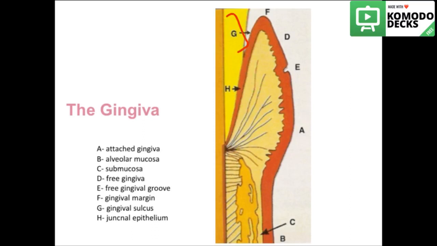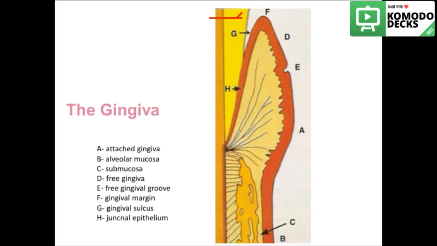Then is the free gingiva, which is not attached to any tooth. In between the free and the attached gingiva is a free gingival groove, which is a depression in the epithelial mucosa.